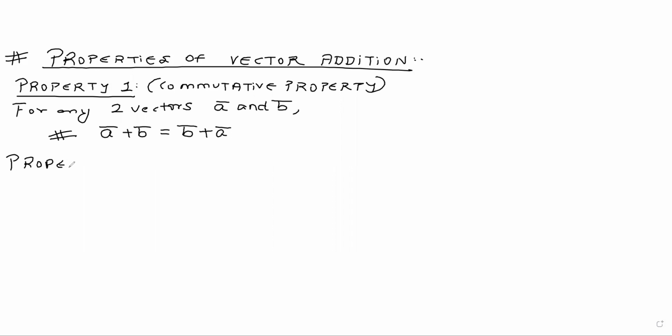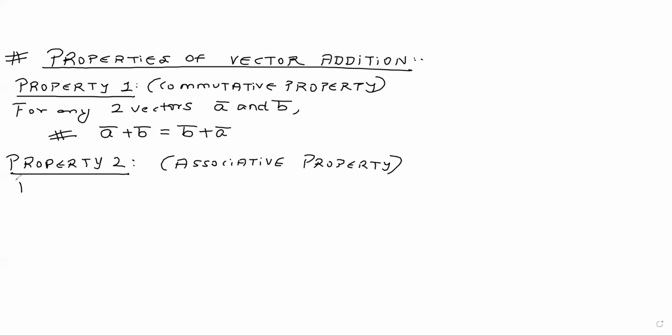Then guys, let's look at property 2, which is the associative property, where we now have three vectors.